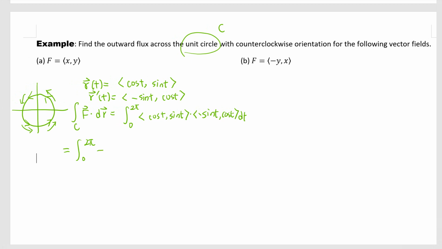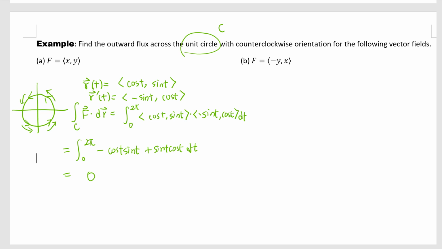We get minus cosine t, sine t, and here we have plus sine t, cosine t, dt. Ooh, what happened? We have them cancel out. So that is 0. Why is that?